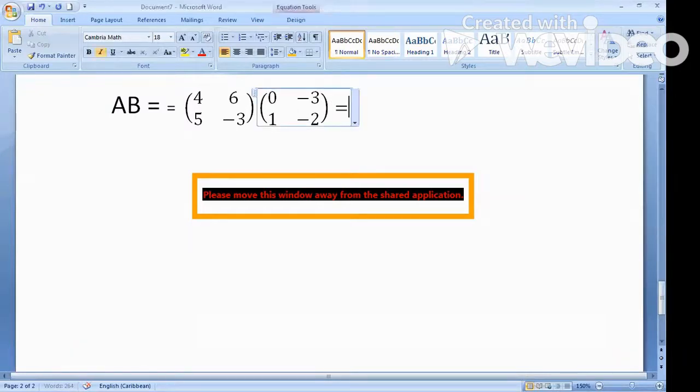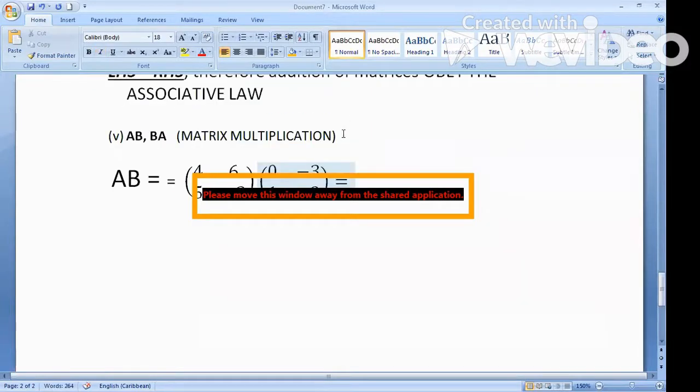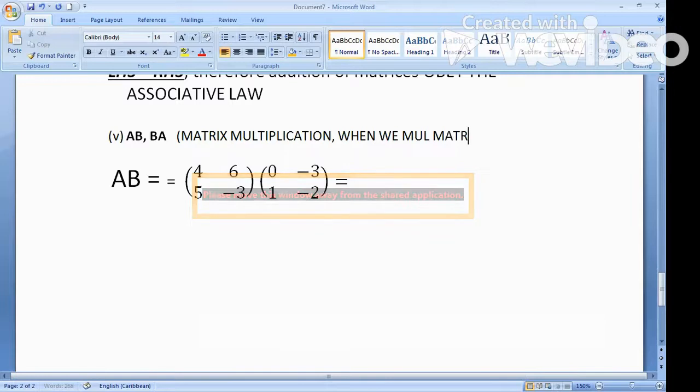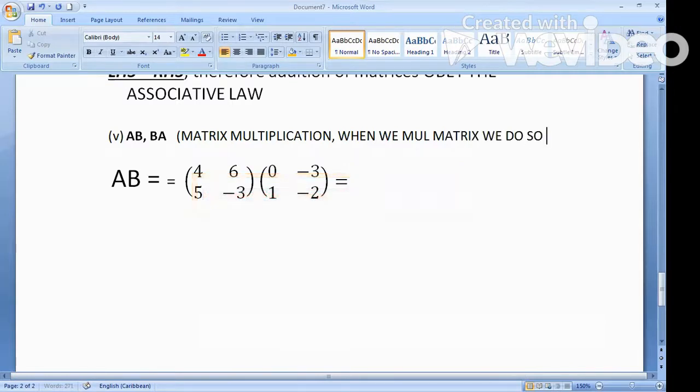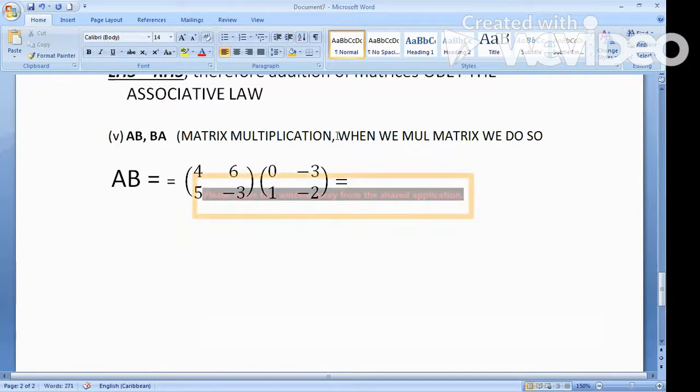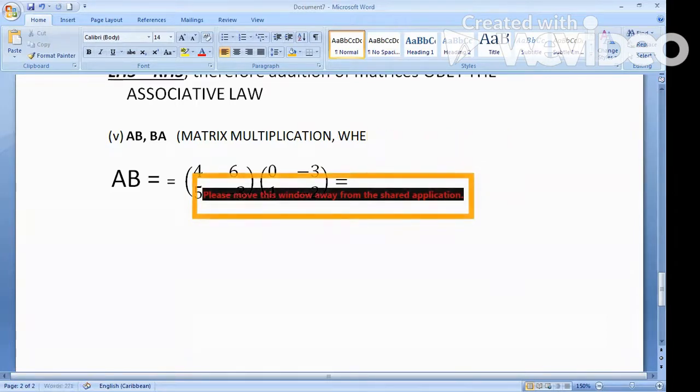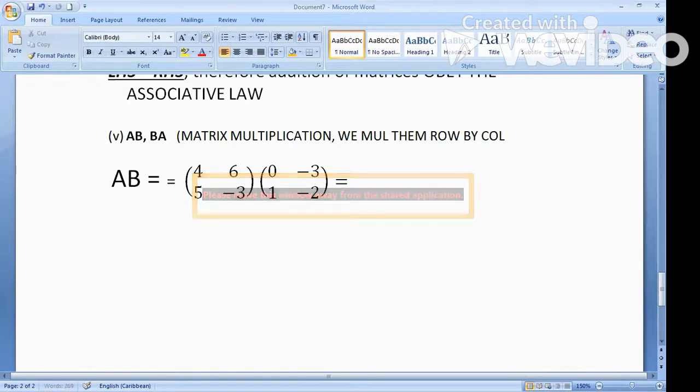Now there's a principle that we learn. What you need to remember is that when we multiply a matrix, we multiply them row by column.